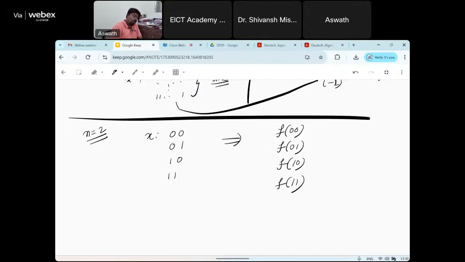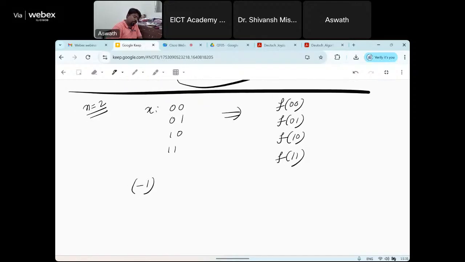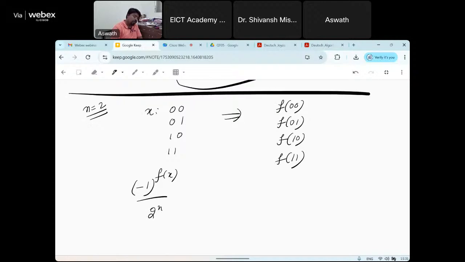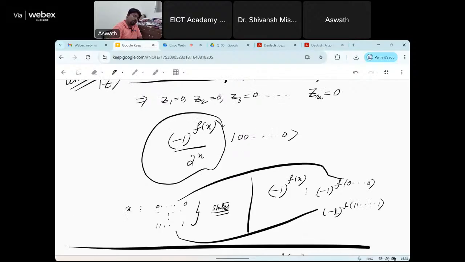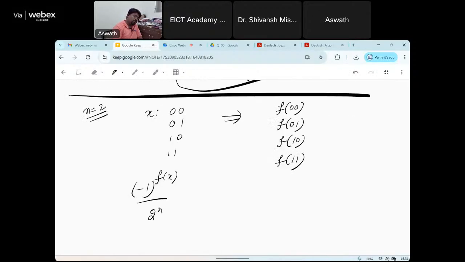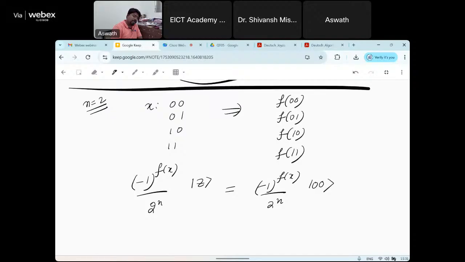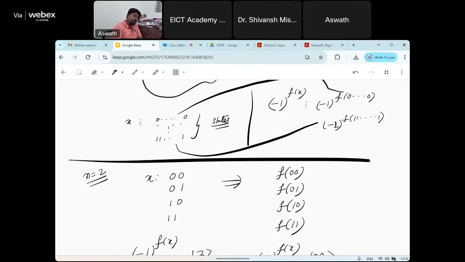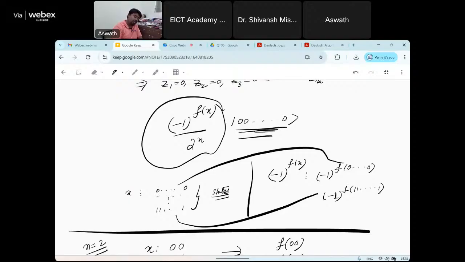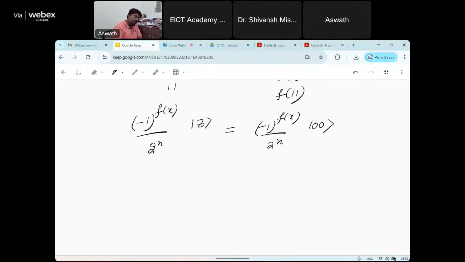Now I want to find the value of minus 1 to the power of f of x divided by 2 to the power of n, because this is the amplitude which multiplies the quantum state. Which quantum state? In this case z, which is 0 0. In the n generic case, z is all zeros; for n equal to 2, I have taken z as 0 0.